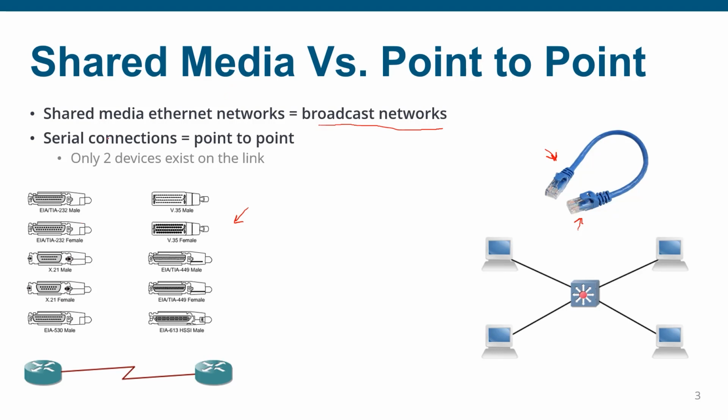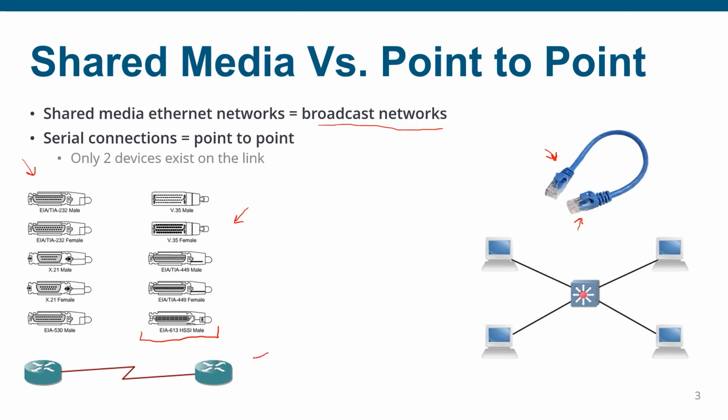You wouldn't necessarily need to commit this diagram of serial connectors to memory, though this type of connector, the V35, X21, and these things that would often look like your printer connector from back in the early 90s, are things that would connect into your networking devices to provide a serial connection.